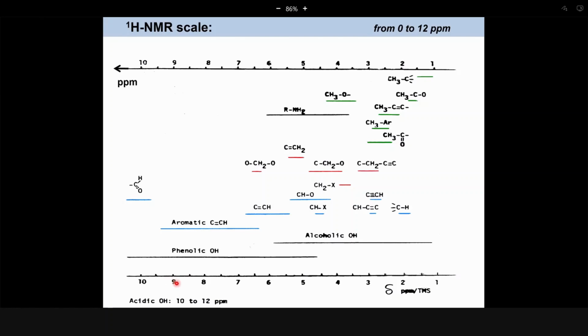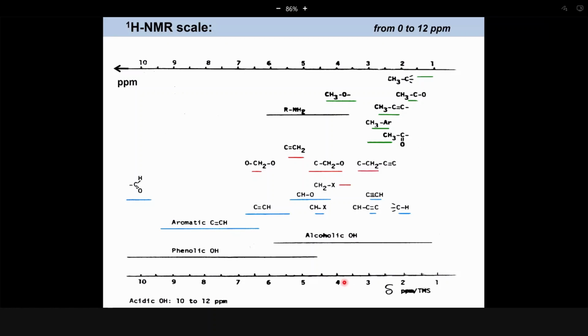What is also important is that protons on heteroatoms will have a resonance over a wide range of frequency, depending on the chemical groups you have, for example on aromatic rings or on aliphatic molecules.